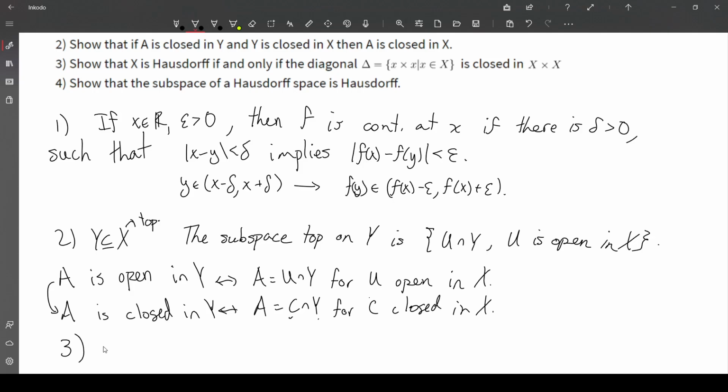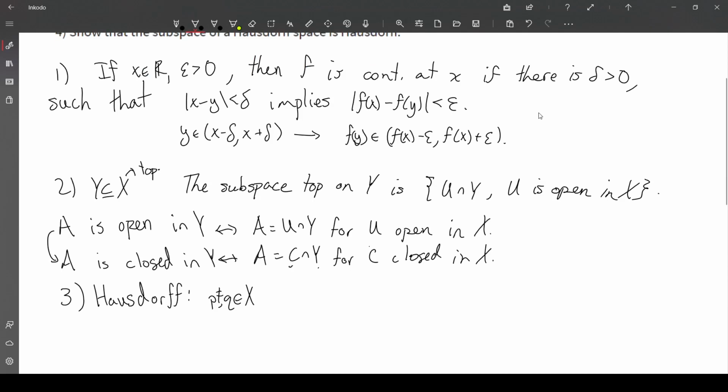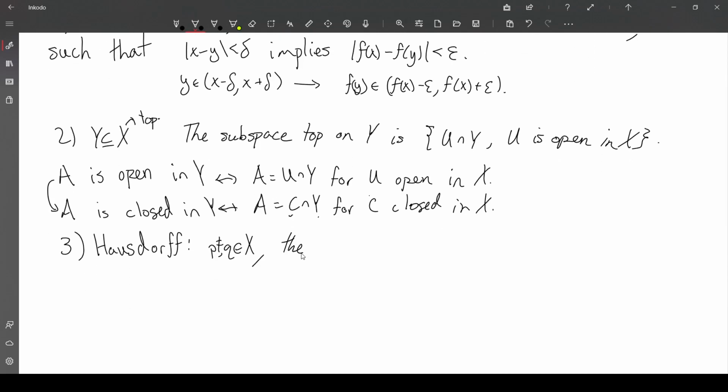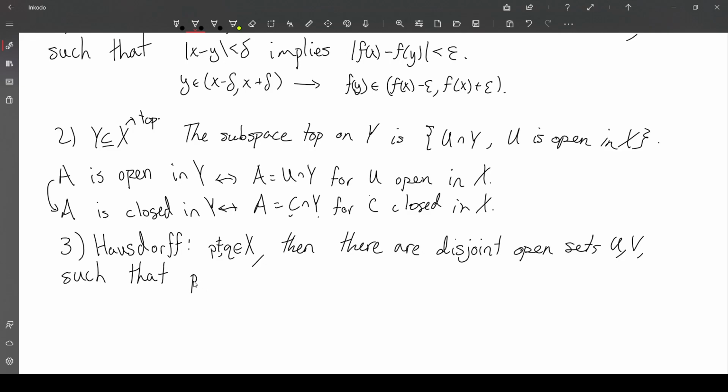So, for some rehash of definitions, Hausdorff means that if P and Q are in X and they're not equal to each other, so they're distinct points in X, then there are disjoint open sets U, V such that P is in U and Q is in V.